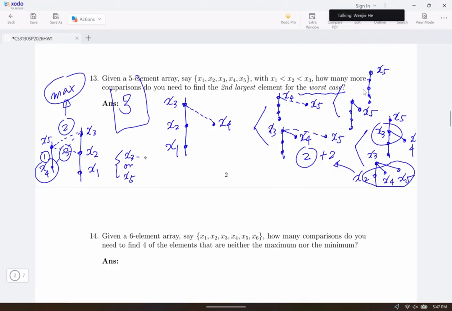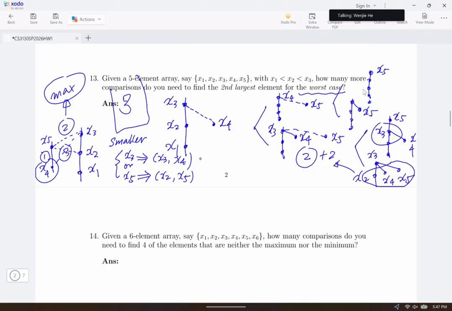So in this case, x3, so here, smaller, right? So here, we assume smaller. x3 smaller, then you need to compare x3, x4. If x5 smaller, you need to compare x2 and x5.